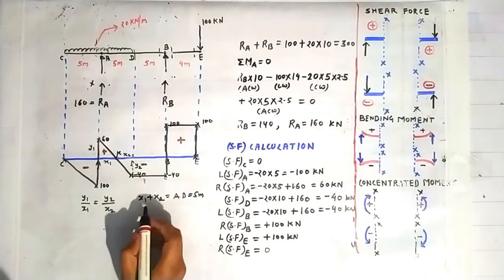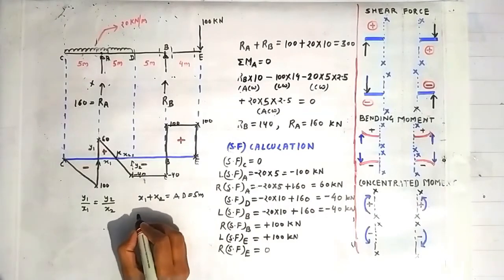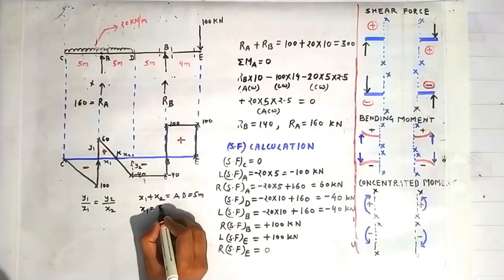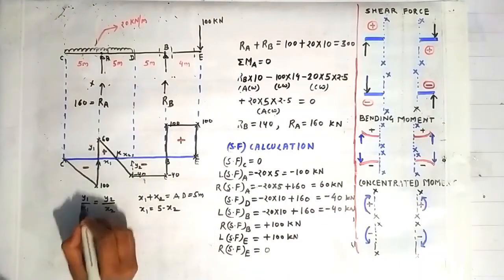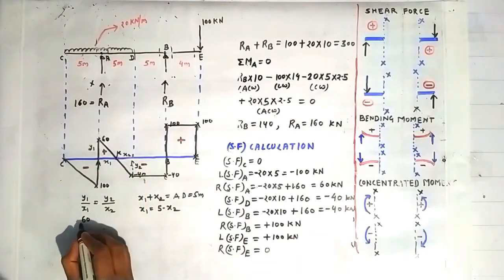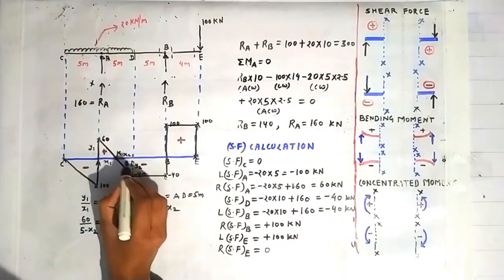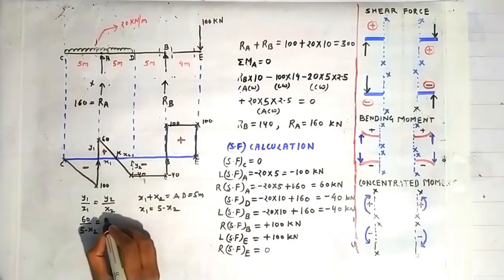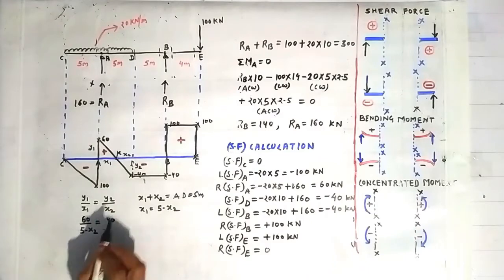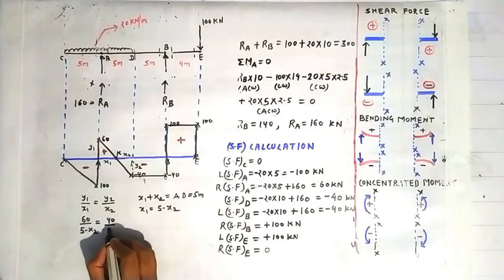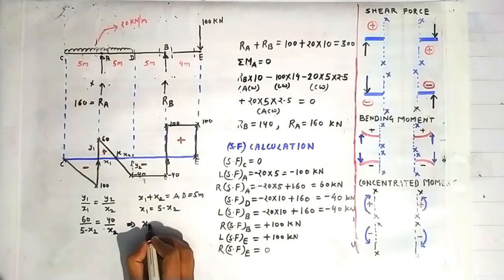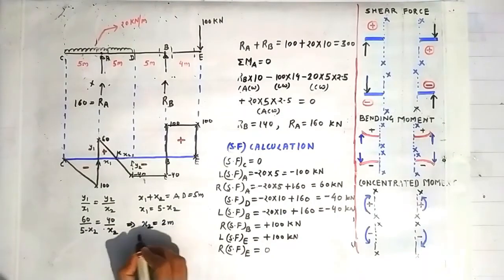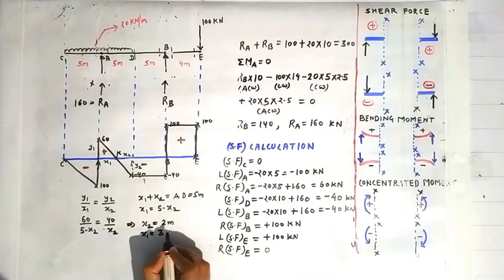Now friends, if we substitute the value of x1 is equal to 5 minus x2 in this expression, and the value of y1 is 60 here from this shear force diagram, and x1 is substituted as 5 minus x2, and y2 is taken here as 40, okay, from this triangle, and x2 is substituted as x2 here, then you can find that the x2 will come out from this equation as 2 meter, and x1 will come out to be 3 meter.